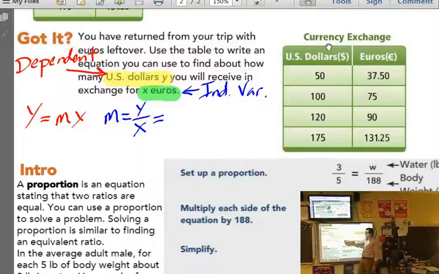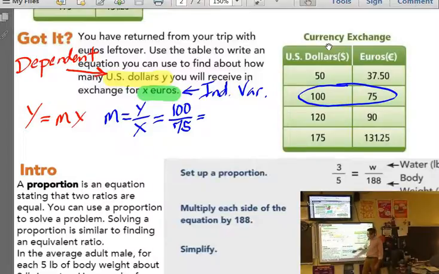You guys should be writing this. Now if I use these same values, it's not 75 over 100. It's 100 over 75. That's what I did. Which gets 1.3 repeating forever, 1 and a third.